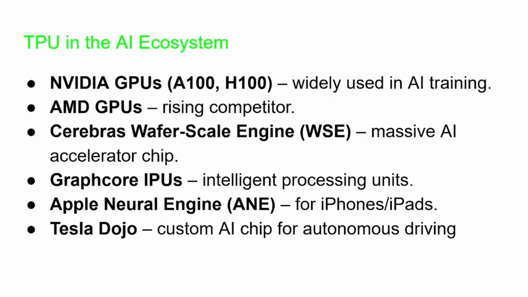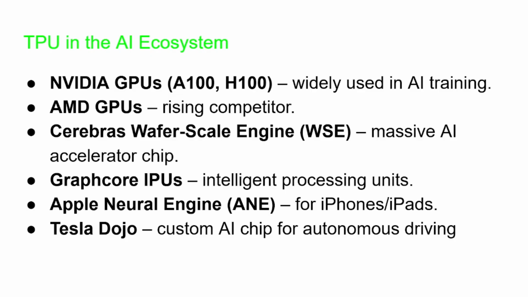Here are some other processing units in the AI ecosystem. Currently, NVIDIA has released two widely used GPUs, that is A100 and H100, which are widely used for AI training. Here are some AMD GPUs that are rising competitors. Some are Graphcore IPUs, that is intelligent processing unit.